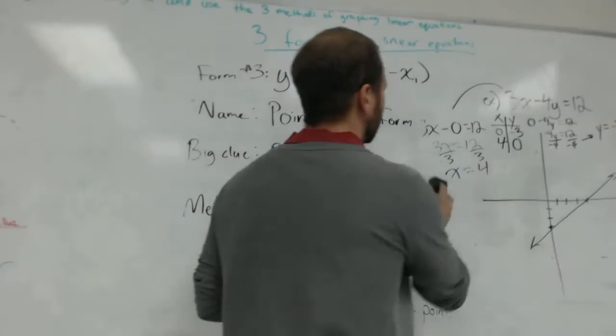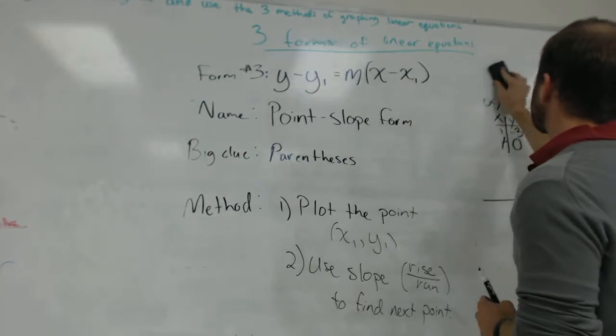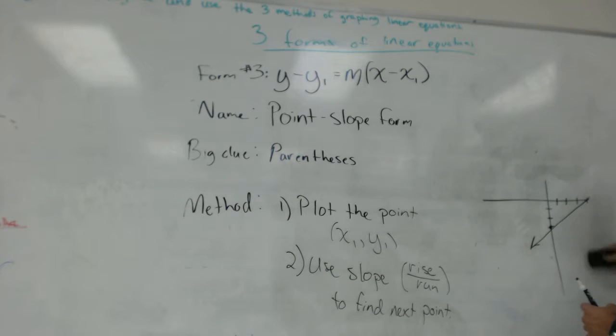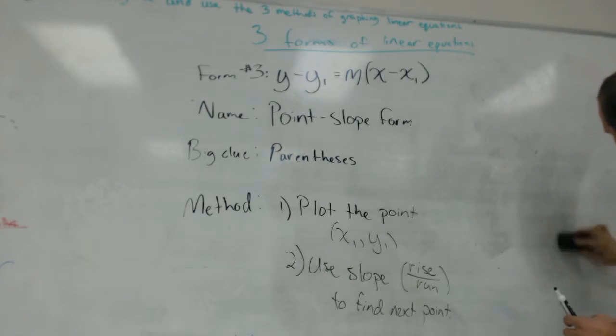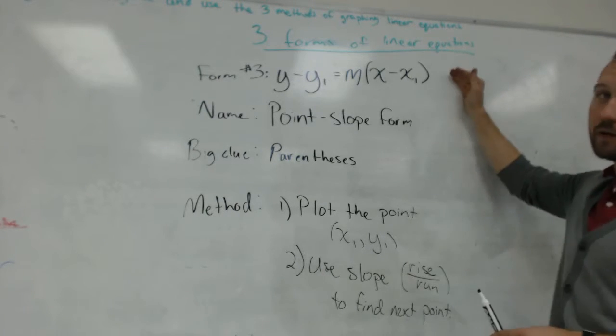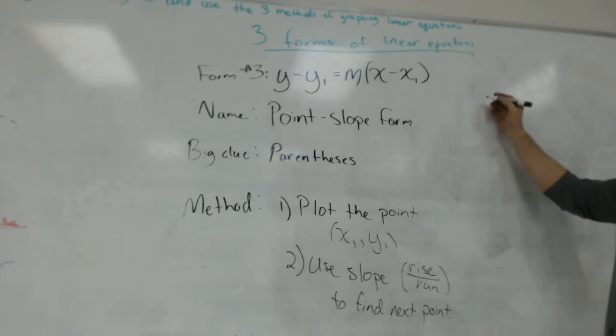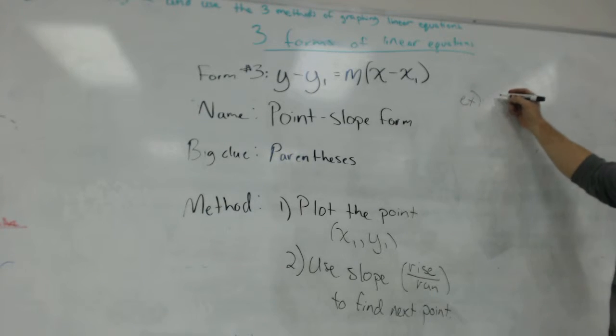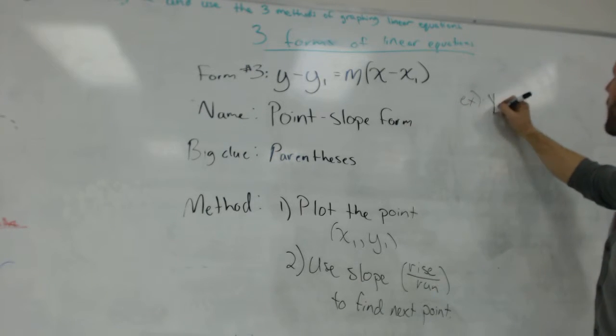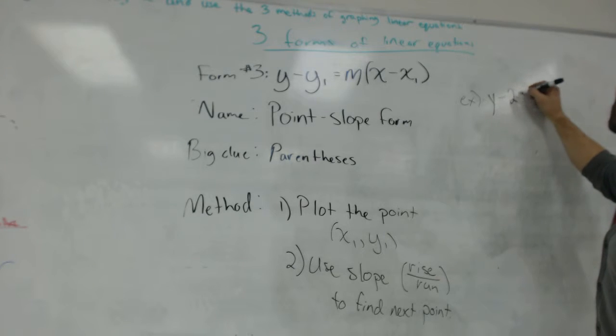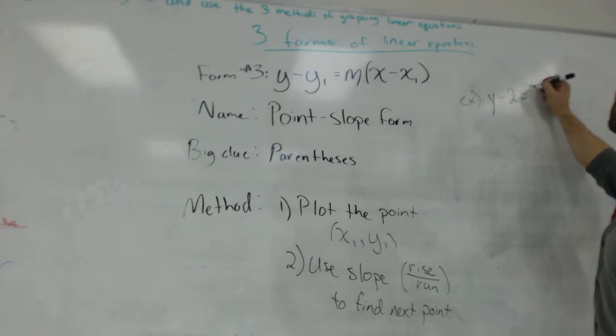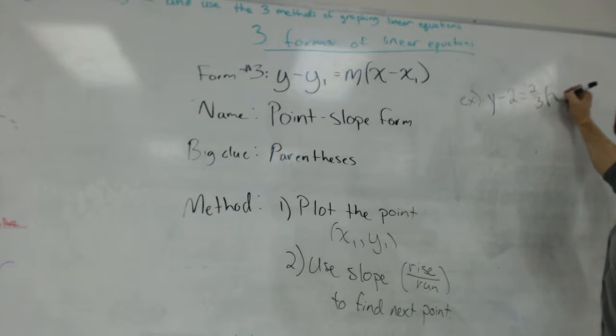Let's do an example. Make sure you've got all this down in your notes. Example. I could have something like this. Y minus 2 equals 2/3 times x plus 1.